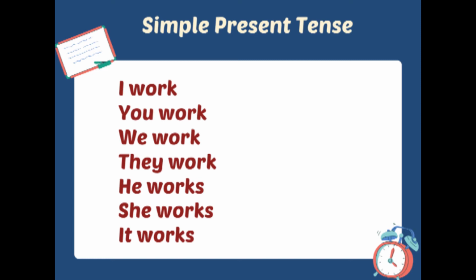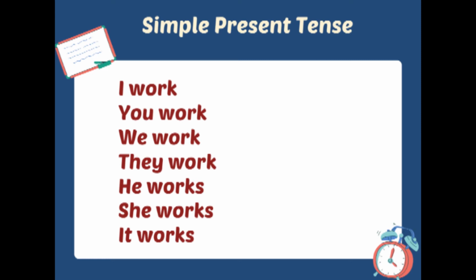Look at the first one. I work. Repeat after me. I work. You work. We work. They work. Now we are coming to third person singular. So we are going to add s to the verb work.